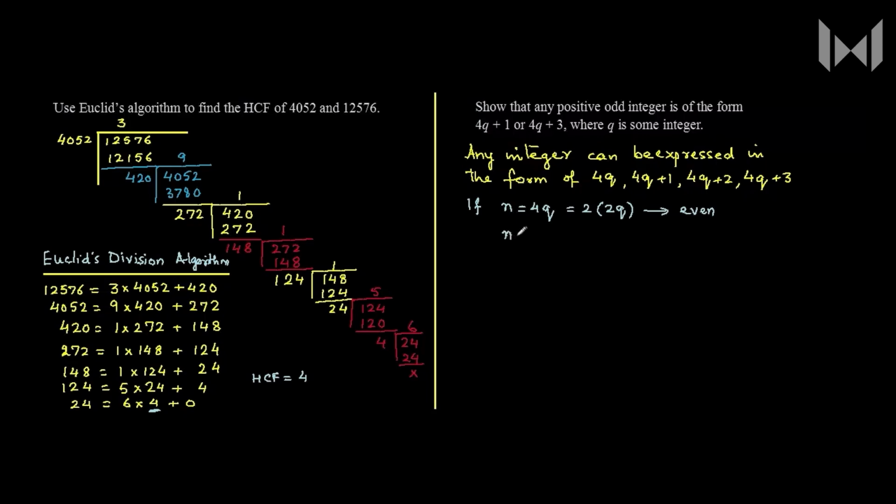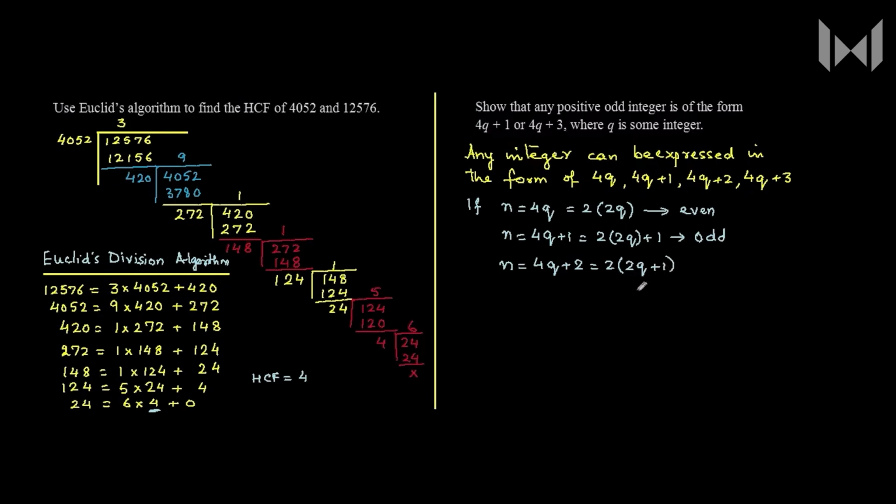We pick up the next number, n is equal to 4q plus 1, which is 2 times 2q plus 1. Now we know 2 into 2q will be an even number, and adding 1 to it becomes odd, so it's an odd number. The next is n is equal to 4q plus 2. Over here we get 2 common, 2 into 2q plus 1.